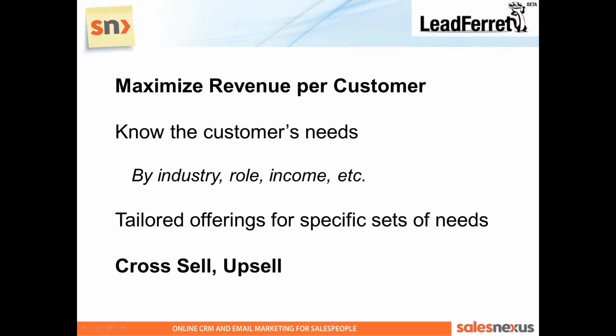Maybe it's demographic information like what neighborhood they live in or what their income is or what their education level. All of those things tell us something about what their needs are. And then, of course, in our sales conversations, we're having dialogue with the customer and learning more about what their needs are. And for a lot of us, that goes into the salesperson's head, and that's the only place it ever ends up, right?